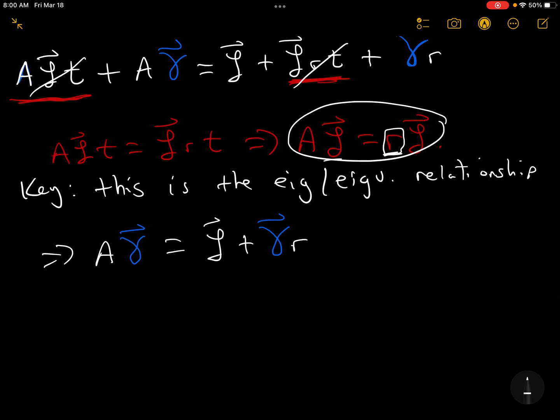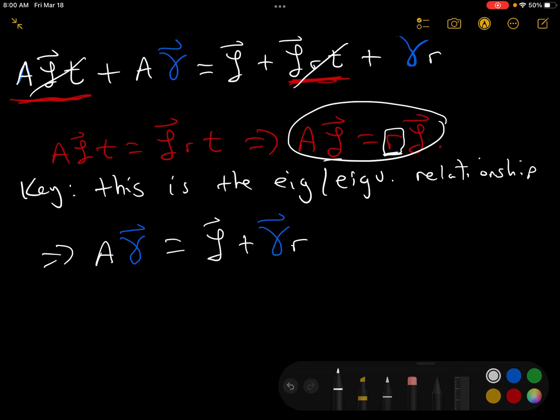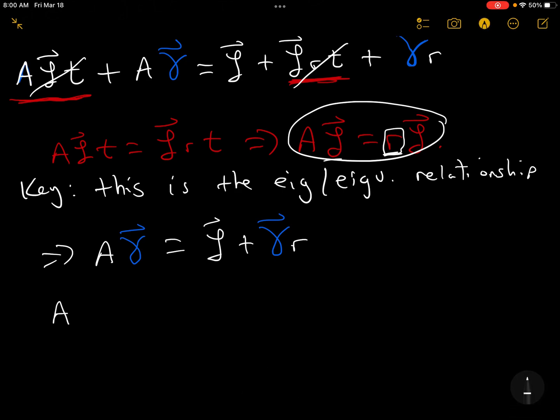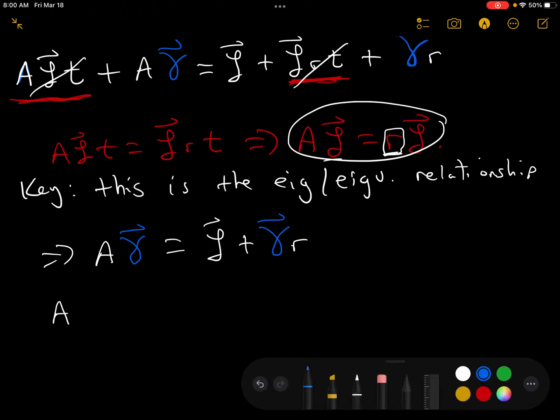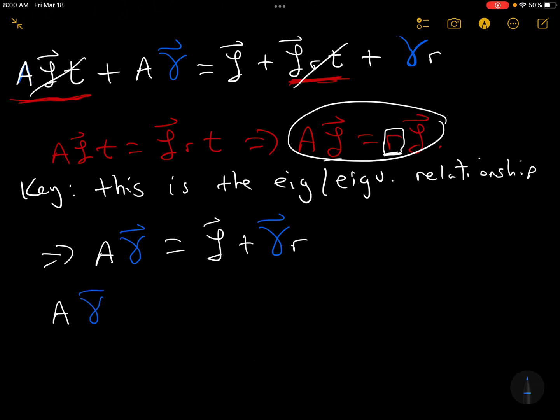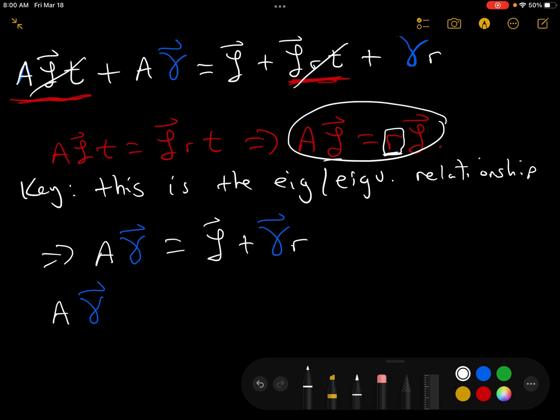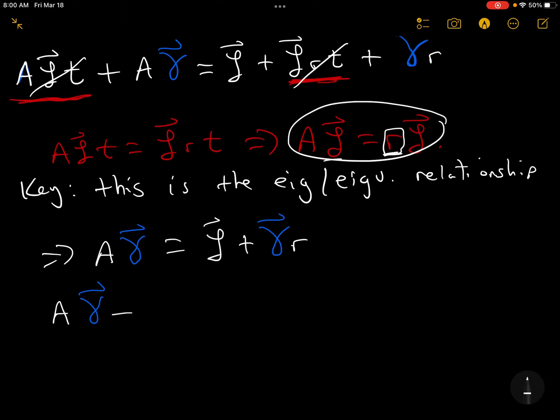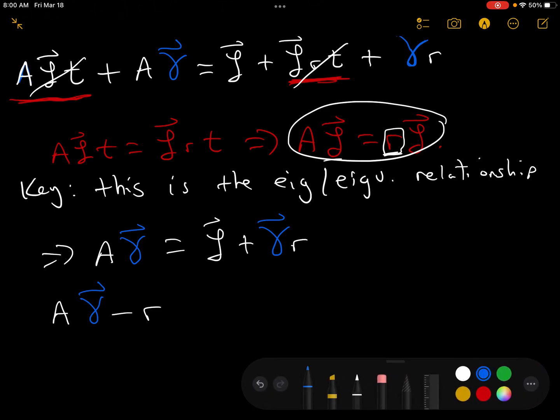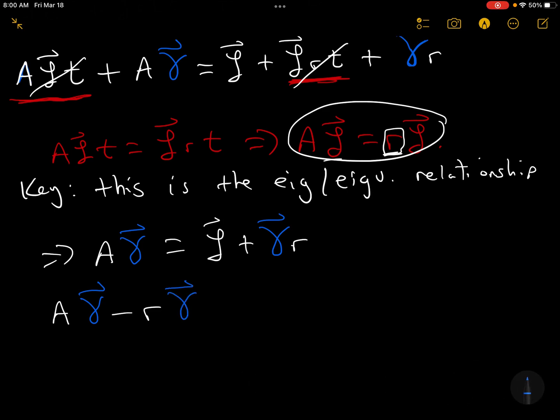All right, let's bring the gamma R over to the left-hand side here. So now I have A gamma minus R gamma equals zeta.